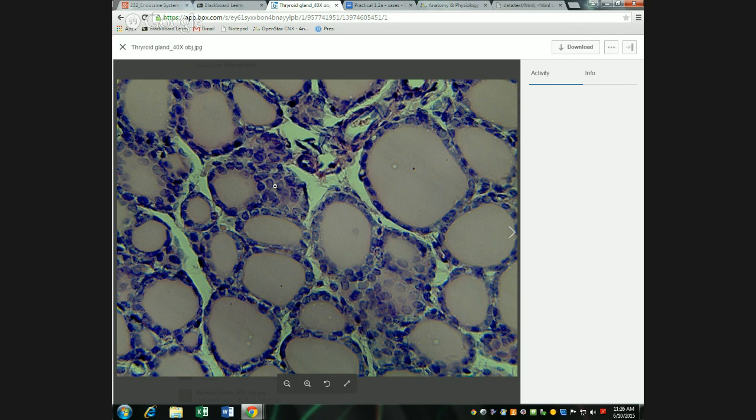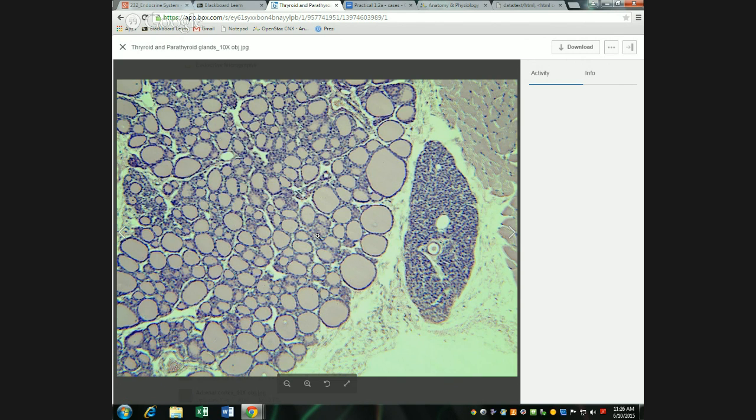Something like that we can see here or down here. And if I go to the lower power, it's a little bit easier. You can see cells kind of clustered over here, down here. These little regions of glandular tissue, or the whole parathyroid gland is like that.